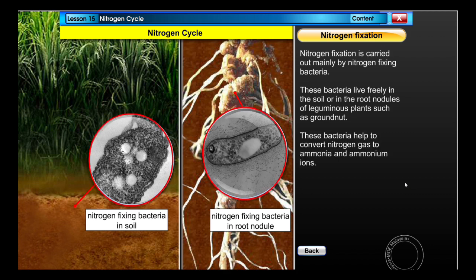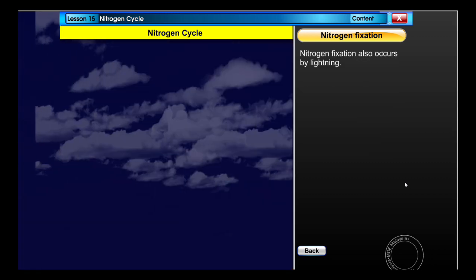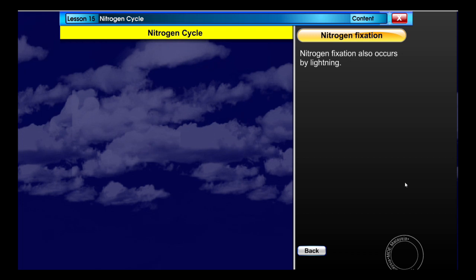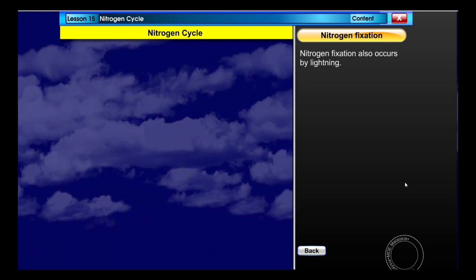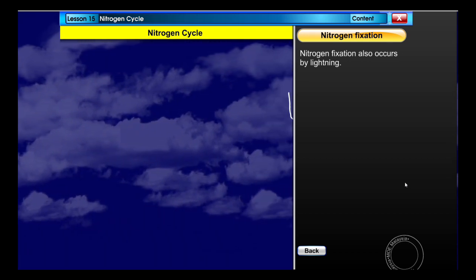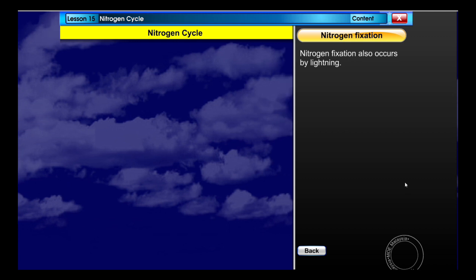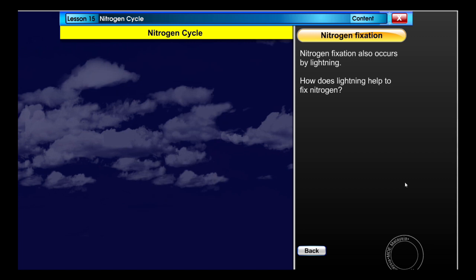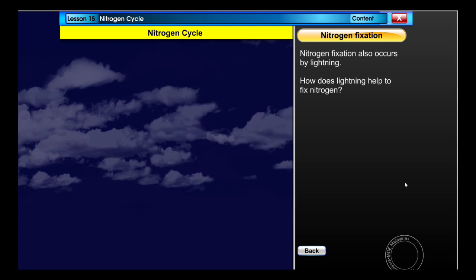These bacteria help to convert nitrogen gas to ammonia and ammonium ions. Nitrogen fixation also occurs by lightning. How does lightning help to fix nitrogen?